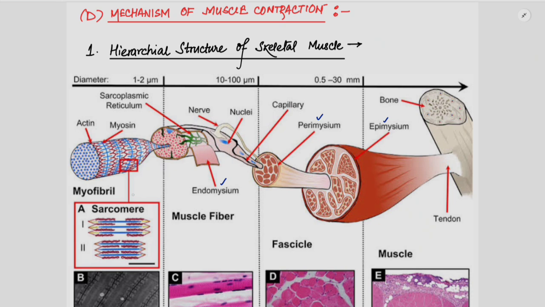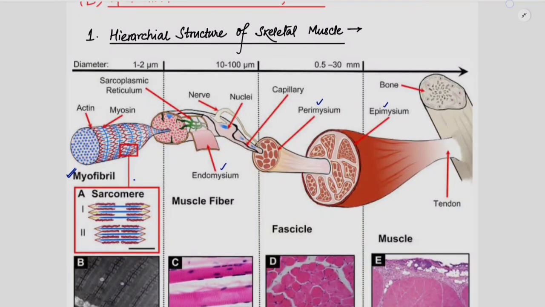At the molecular level there are myofibrils, and there is the sarcomere, where excitation contraction coupling occurs. Here we have to know the sarcomere and the different lines and bands of the sarcomere. It is the contractile unit of the myofibril and the whole muscle itself.